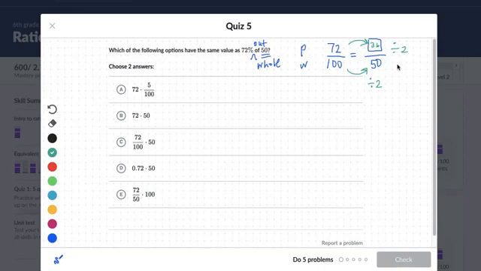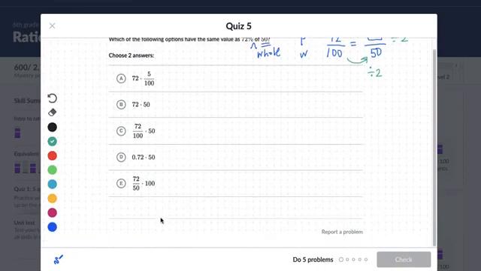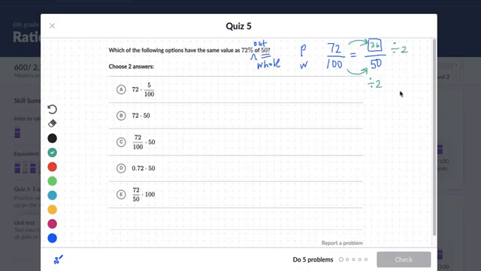I can double check my work by using a calculator. I can take 36 and divide by 50, and I should get 0.72, which is the same as 72%, to check my work.